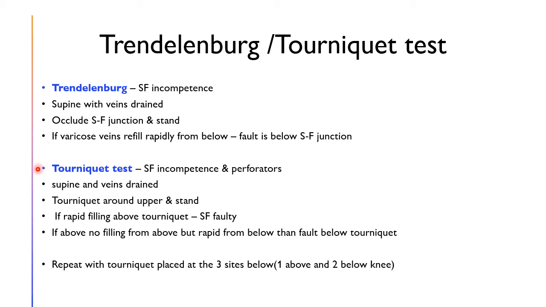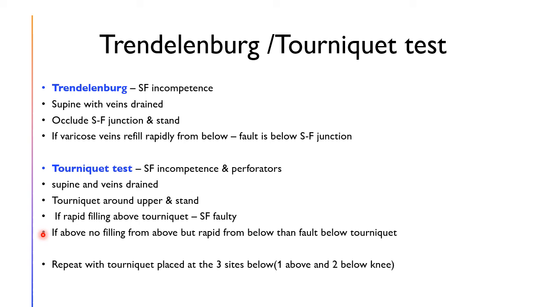Next is the tourniquet test. It is a test of the SF incompetence and the deep perforators of the leg. Again, with the patient lying supine and the veins drained off, the tourniquet is placed around the upper thigh and the patient is asked to stand. If there's rapid filling above the tourniquet, then the saphenofemoral junction is faulty, is incompetent.